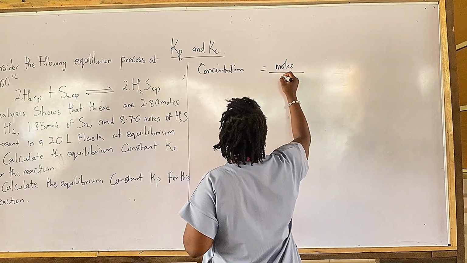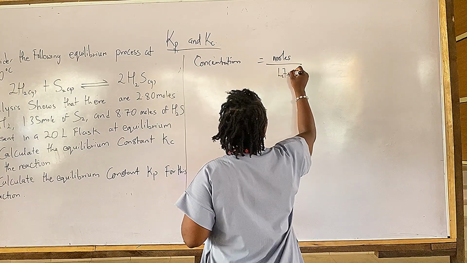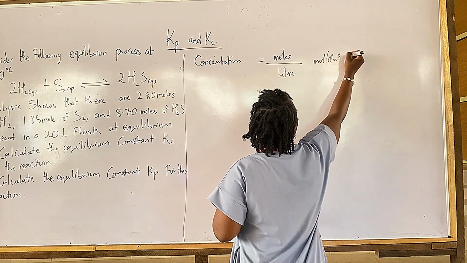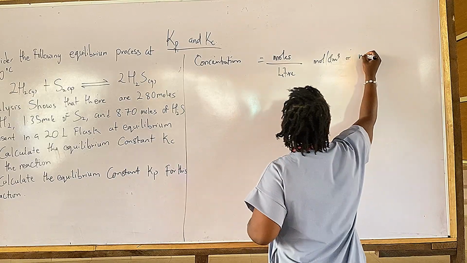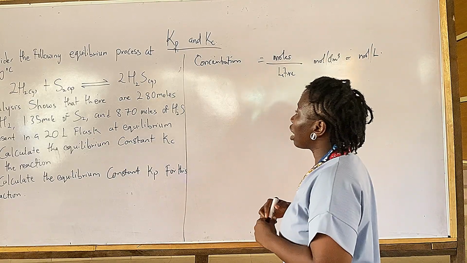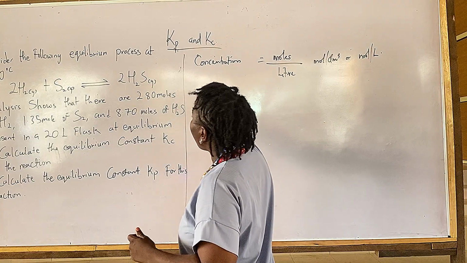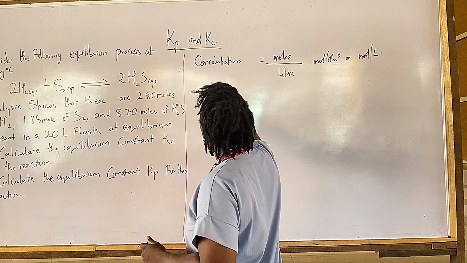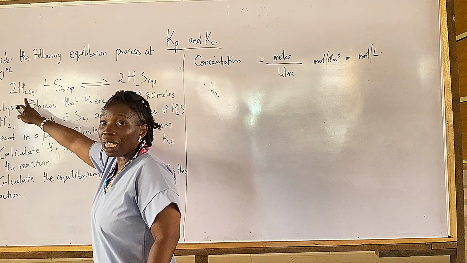Mole over liter. That is mole per dm cube or mole per liter. That is how concentration is. For H2, first of all, how many H2 do we have?